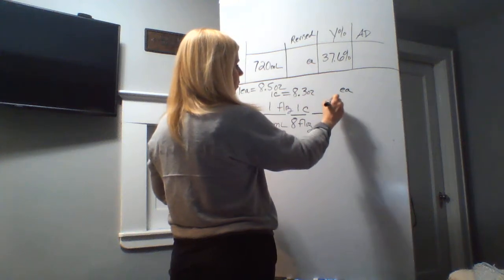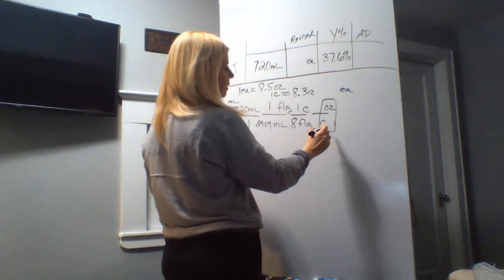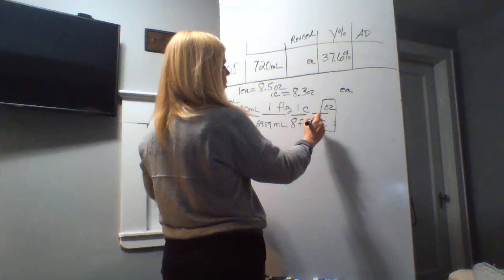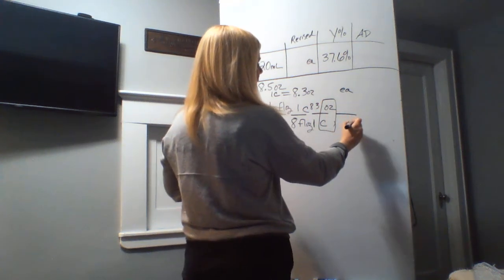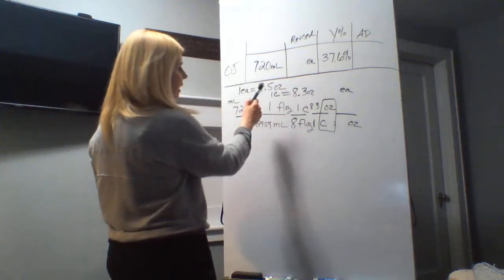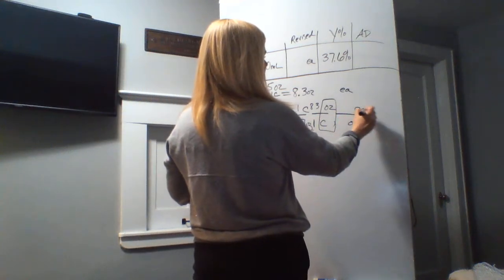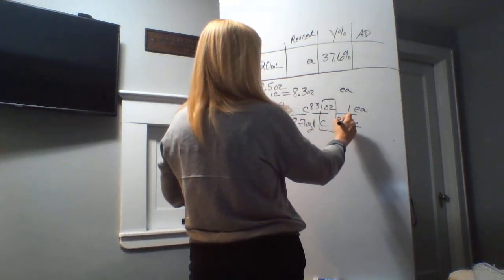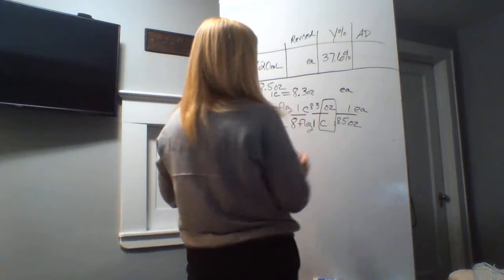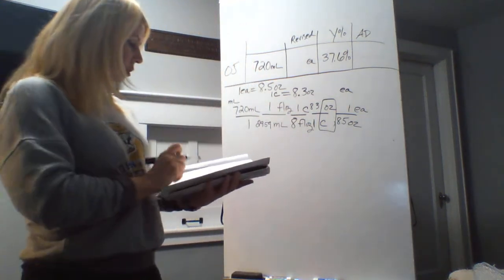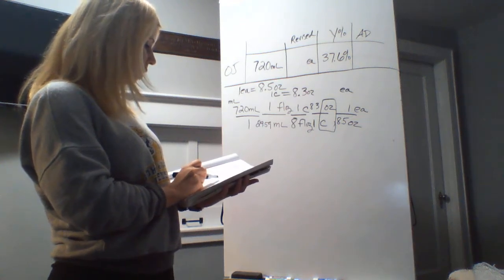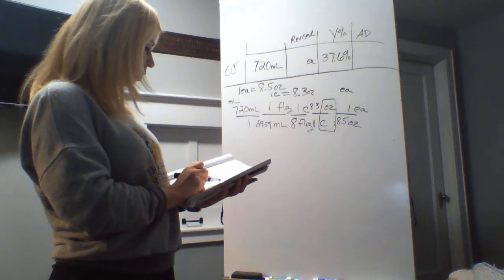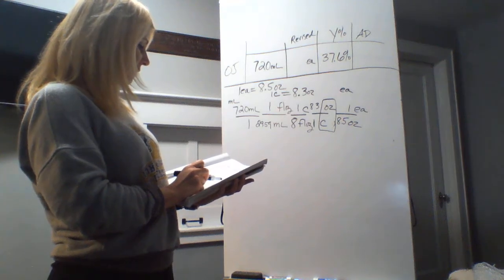Remember, we were always afraid to do this without the book of yields, but now we can. So 1 cup weighs 8.3 ounces, and we found the weight of an each: 1 each weighs 8.5 ounces. Now if you multiply across the top, 720 by 1 by 1 by 8.3 by 1, you should get 5,976.